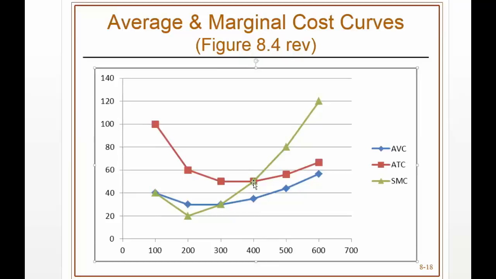Then if I plugged Q equal to 400 into my ATC equation, I would get an average total cost of somewhere around 50, it looks like. So the second part of your question was, how do you know the value of AVC or ATC at its minimum? Take the quantity where you know the minimum happens and just plug it into that ATC or AVC equation, and it should give you the 50 in this case.